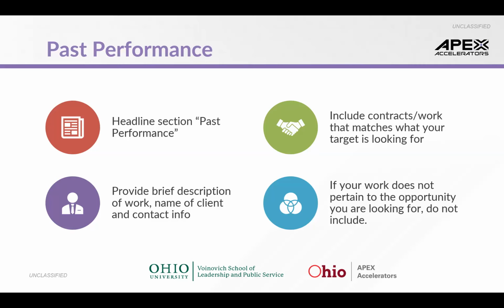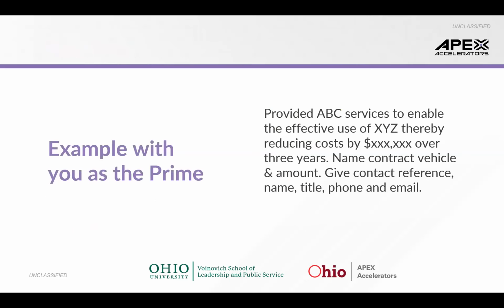Make sure when, again, you tailor this, include the contracts or works that you did that match the solicitation or the response you're sending this out for. Target it so they know that you have the experience in the area that they're looking for. If your work does not pertain to that opportunity, then don't include it because they could care less. They want to know you can do what they want.